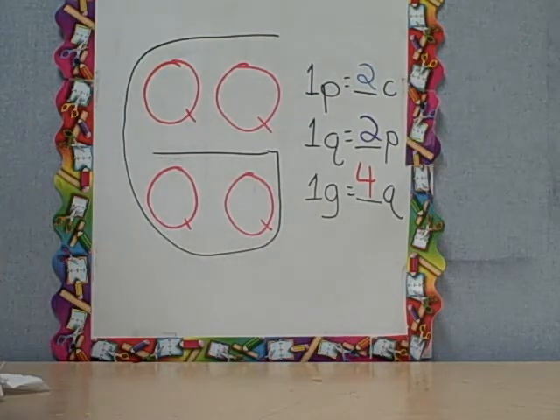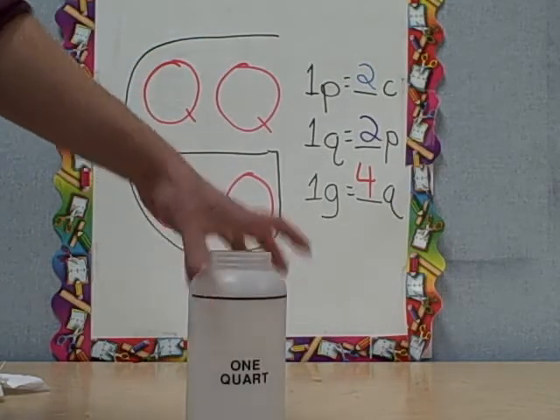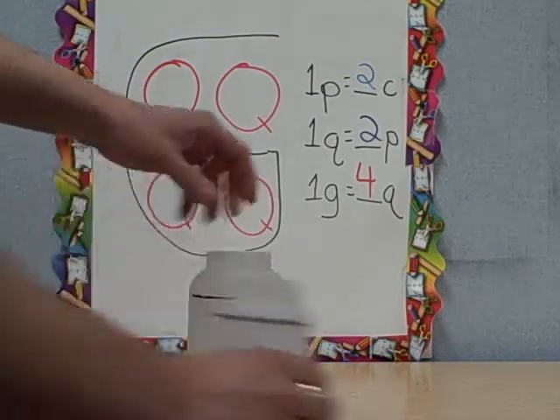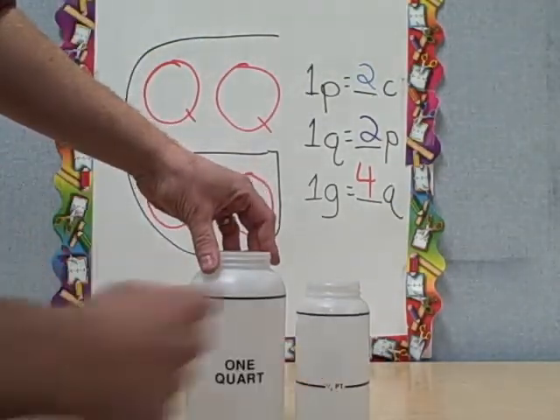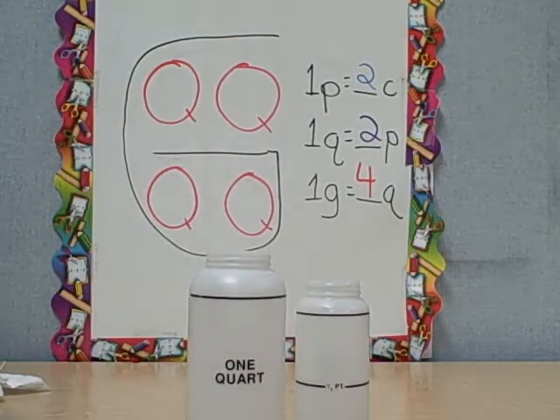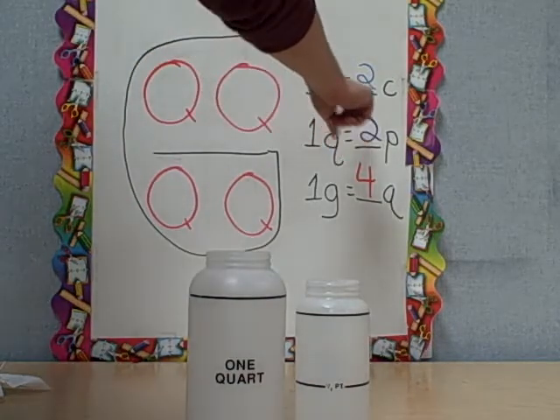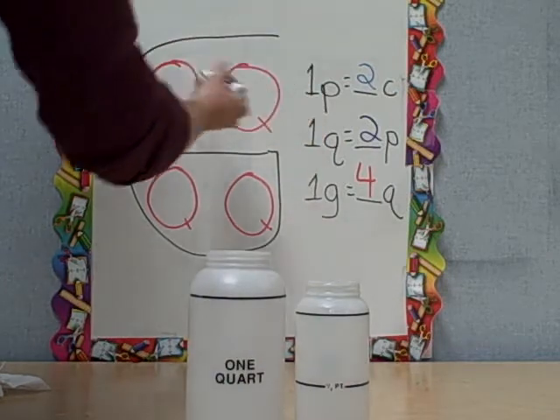Okay. In order to fill up this quart, though, how many pints did it take? 2 pints. So then we're going to put 2 pints in each quart.